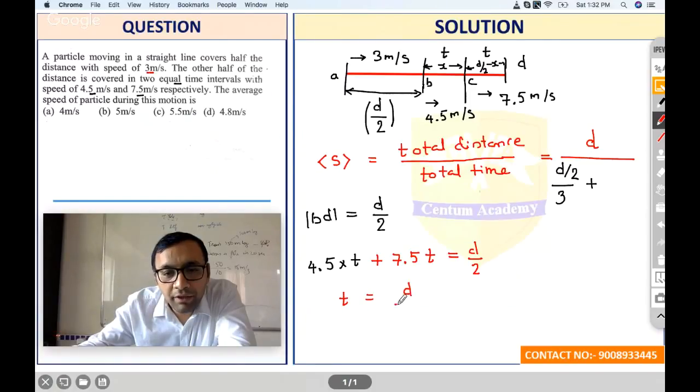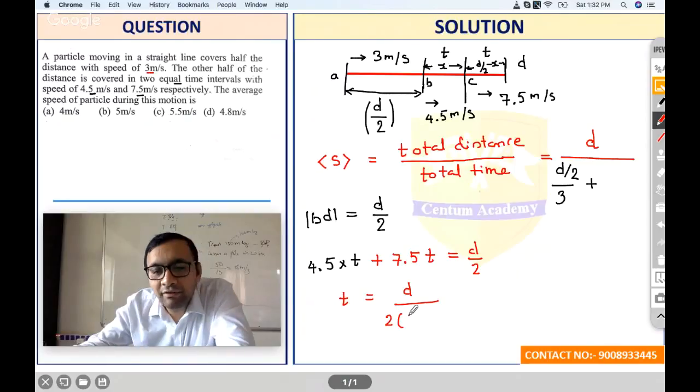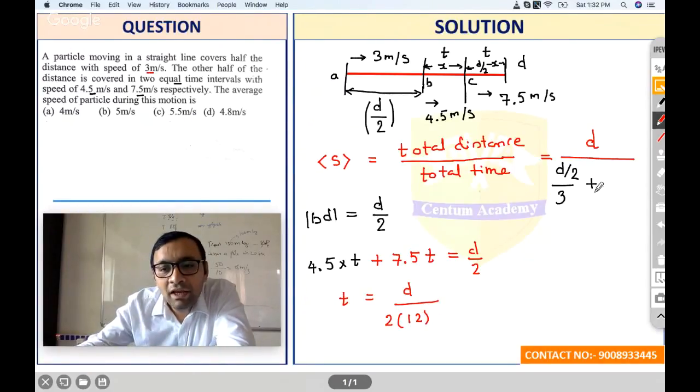The value of t will be d divided by 2 times of 4.5 plus 7.5, which is nothing but 12. So this is t, and the total time is t plus t, which is 2t. I'll multiply with 2 times small t, which comes out to be d divided by 12.